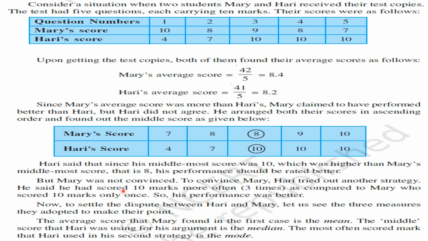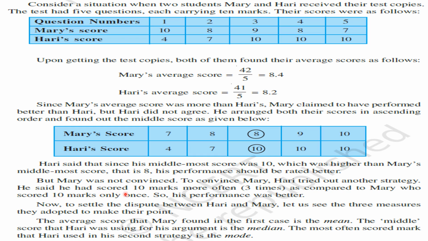Then Hari said that since his middlemost score was 10, which was higher than Mary's middlemost score, that is 8, his performance should be rated better. So he argued that his middle score was 10, but Mary's middlemost score was 8 only. He said he got a better mark, but Mary was not convinced. To convince Mary, Hari tried out another strategy.